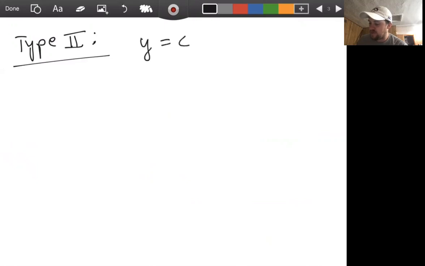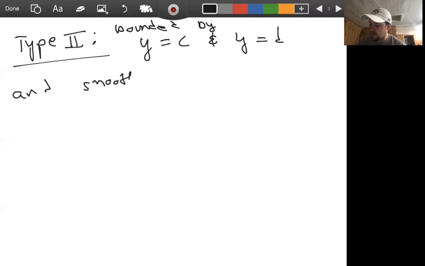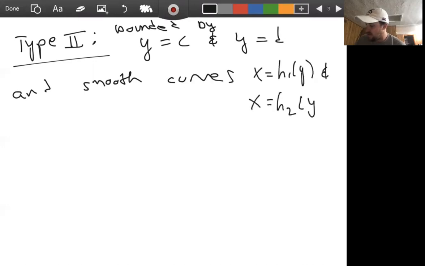And then the next type of region is a type 2 region. And a type 2 region is similar, but now it's bounded by y equals c and y equals d, so bounded by horizontal lines, y equals c and y equals d, and smooth curves like x equals h1 of y and x equals h2 of y.